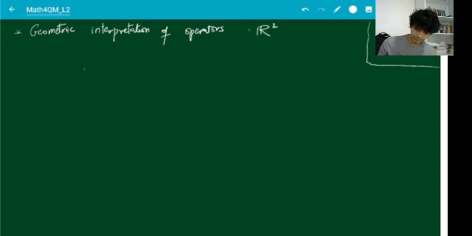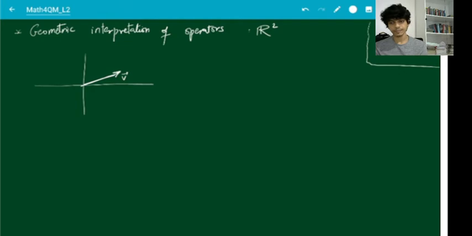So in R2 I have my two-dimensional plane. Let's say I start with some vector v. What can an operator do to it?